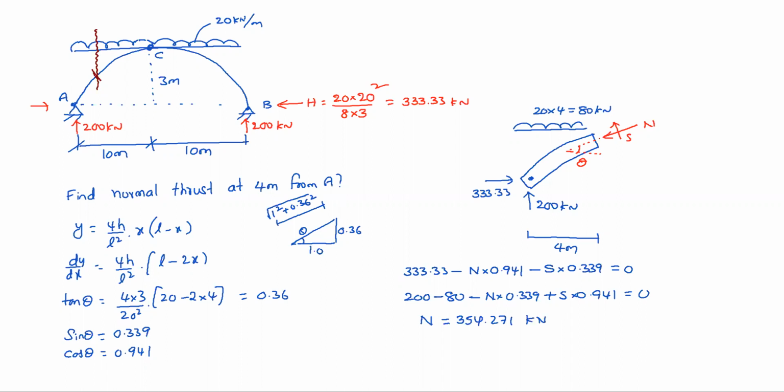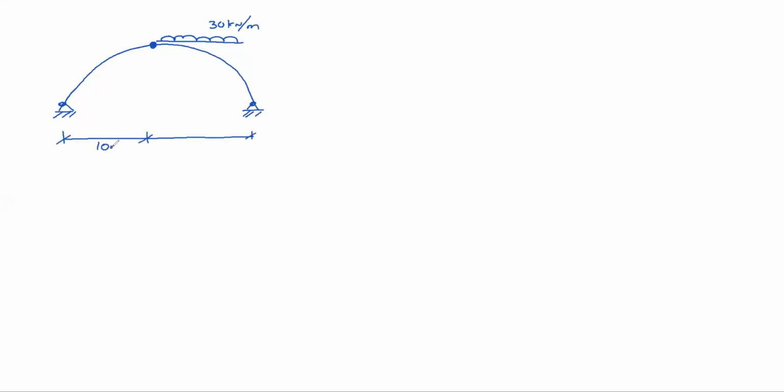Okay. One more problem. Hinge is here. Suppose there is a UDL like this, 30 kilonewtons per meter, span 10 meters, 10 meters, central rise suppose 4 meters.